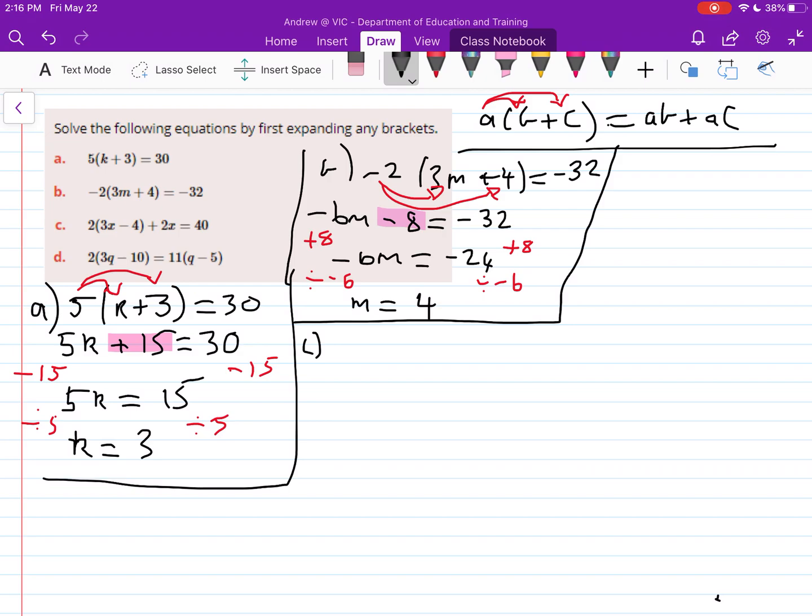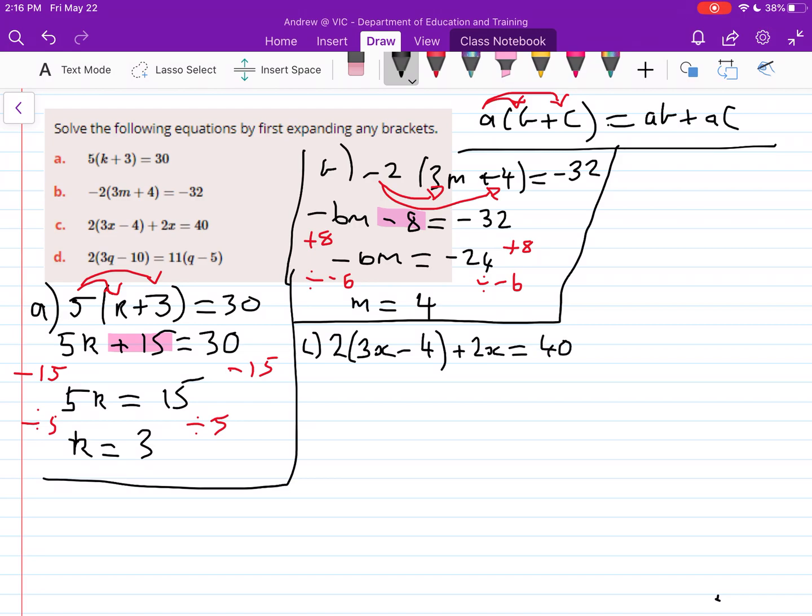So our next one here, we've got 2 then 3x minus 4 plus 2x is equal to 40.